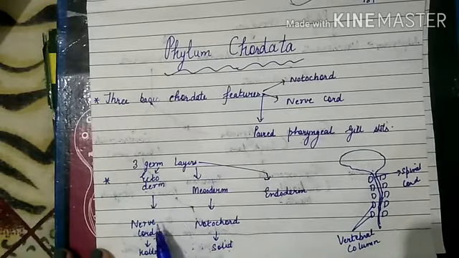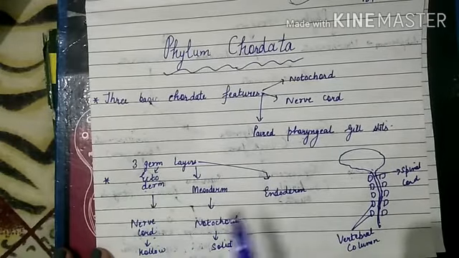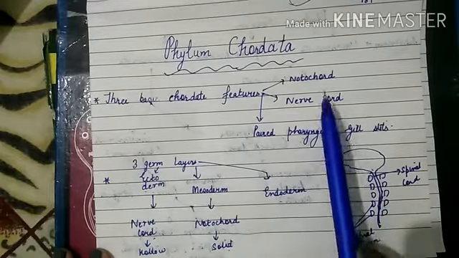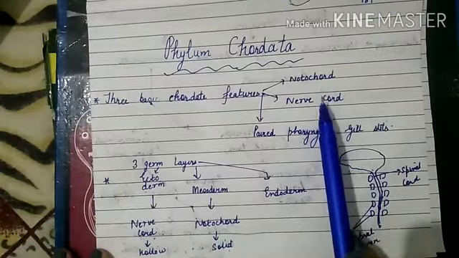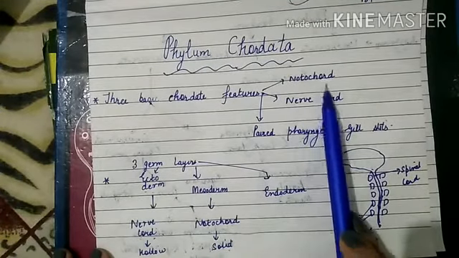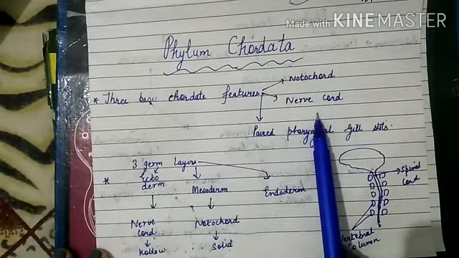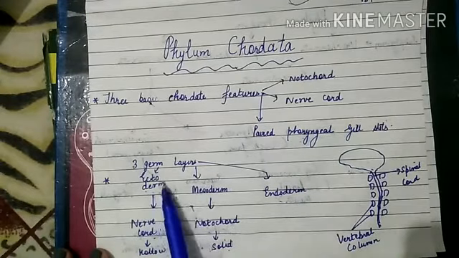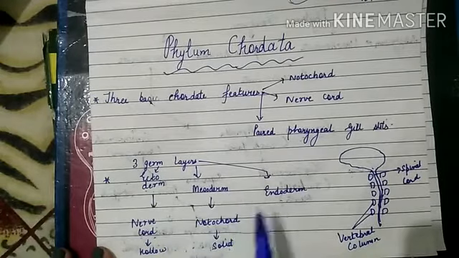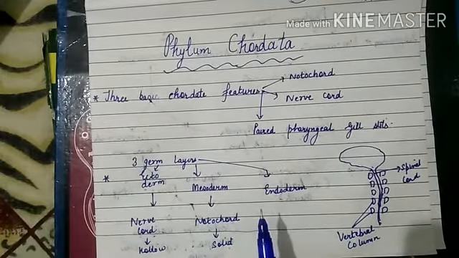The ectoderm gives rise to the nerve cord, and the mesoderm gives rise to the notochord. So the first difference we have studied here is that the notochord and nerve cord arise from two different germ layers: ectoderm gives rise to the nerve cord and mesoderm gives rise to the notochord.